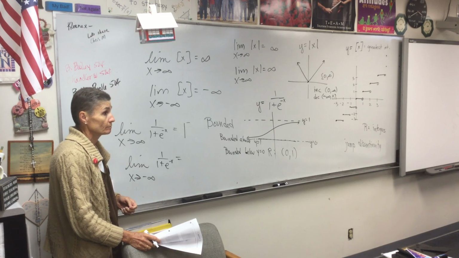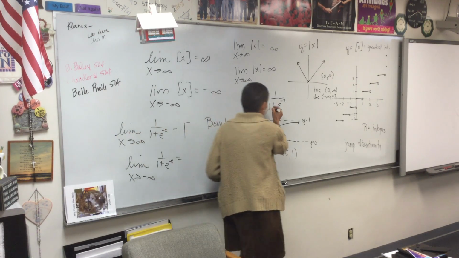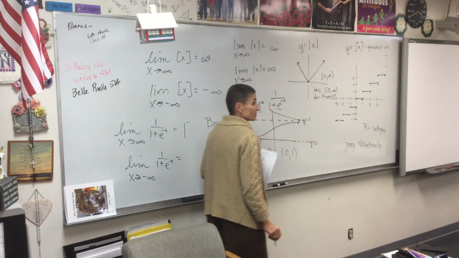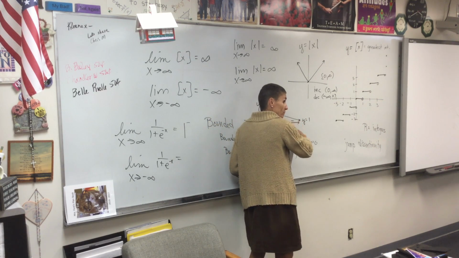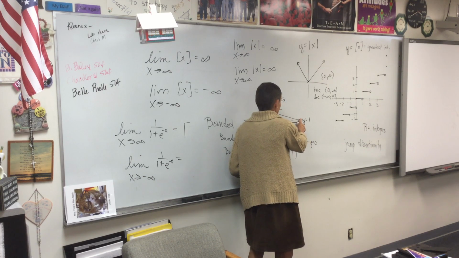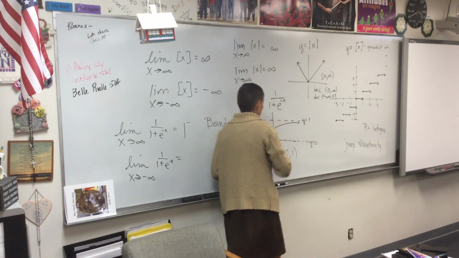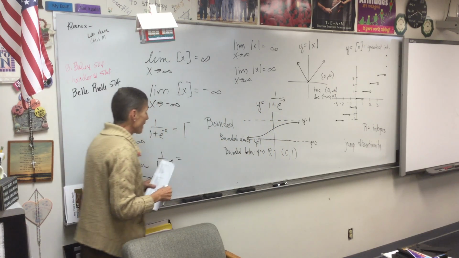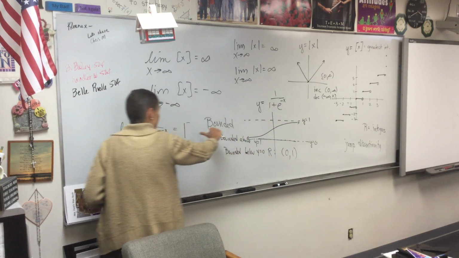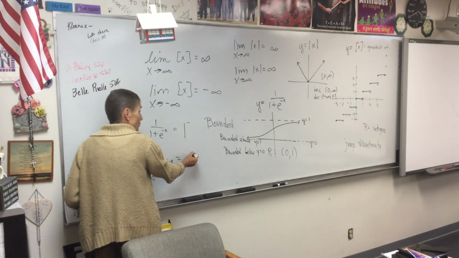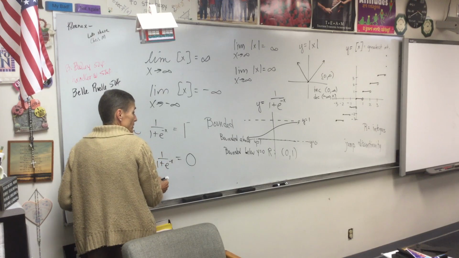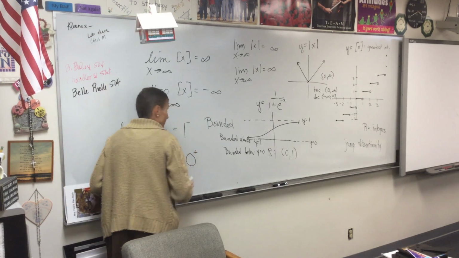What do you mean by the bottom side? Here's 1. This is the top of 1. This is the bottom of 1. I'm coming in underneath it. Now, what about as I march this way? It's getting closer and closer to 0 from the top.